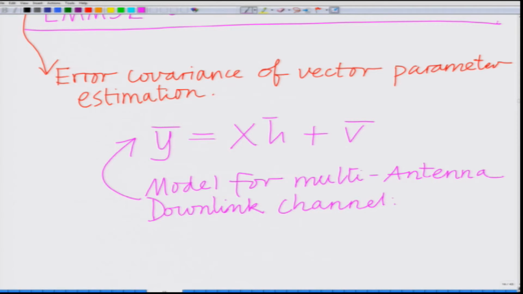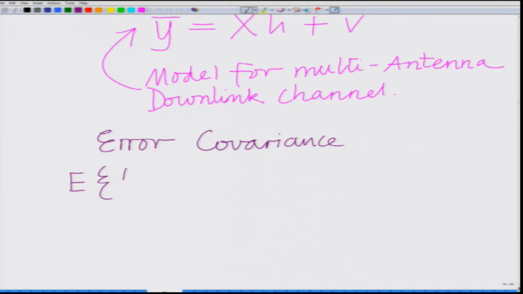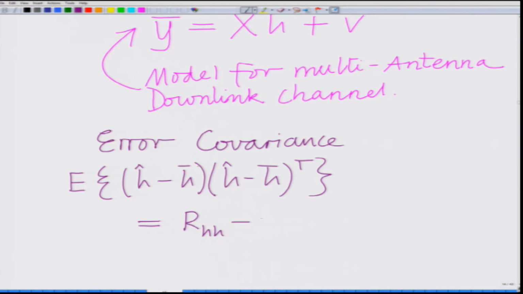And the expression for the error covariance, that is the expected value of the error vector h hat minus h bar times h hat minus h bar transpose, is given as R_HH minus R_HY into R_YY inverse into R_YH. This is the expression for the error covariance.